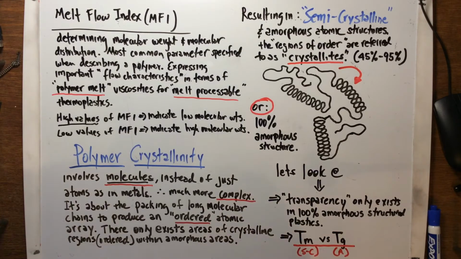Now, the other thing that's interesting, whether it's a semi-crystalline plastic or an amorphous plastic, is something we call the T sub m, which of course you know is the melting temperature, versus something we call the glass transition temperature, or T sub g. Only semi-crystalline polymers have a specific melting temperature, where you can go to a chart and look up the specific melting temperature of that polymer, and it'll have that specific number.